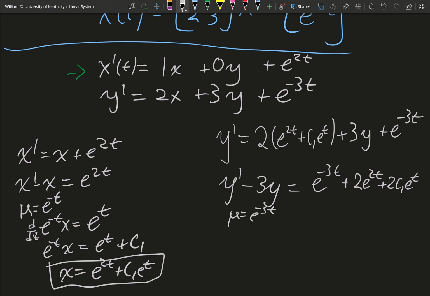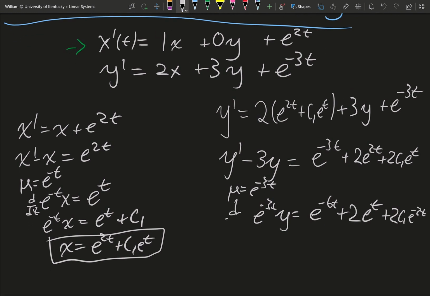Our integrating factor is going to be e to the negative 3t, so e to the negative 3t y equals e to the negative 6t plus 2 e to the t plus 2 c1 e to the negative 2t. The derivative of that, rather, is equal to that.